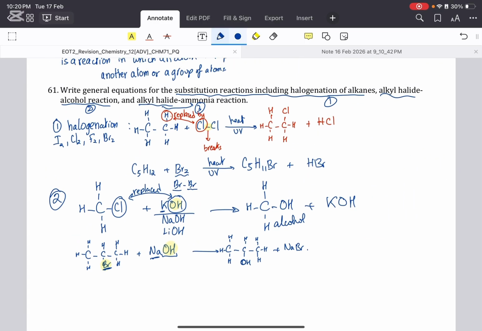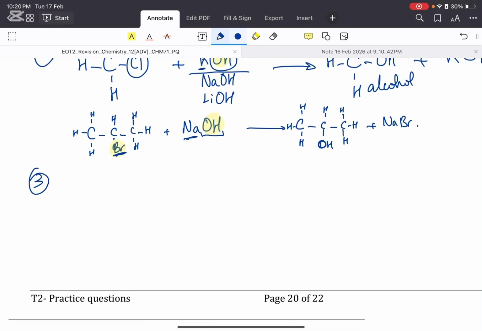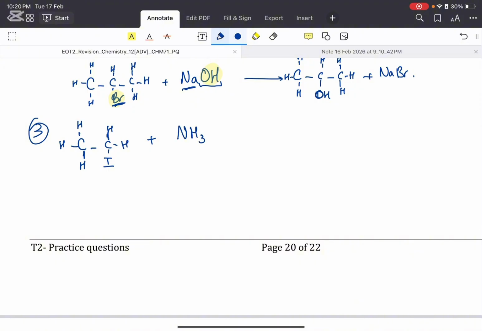Now the third type of substitution reaction is the reaction of turning an alkyl halide into an amine. So number 3, I have an alkyl halide. Let's take an example here of an alkyl halide having iodine. In order to make it an amino or amine, I need ammonia. Sorry, not ammonium, it's called ammonia.